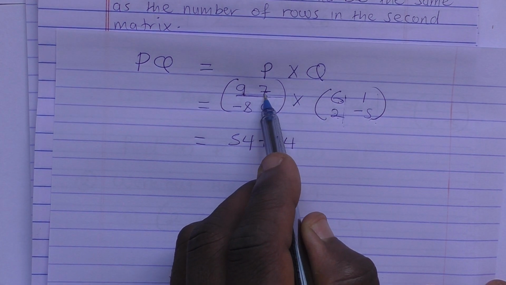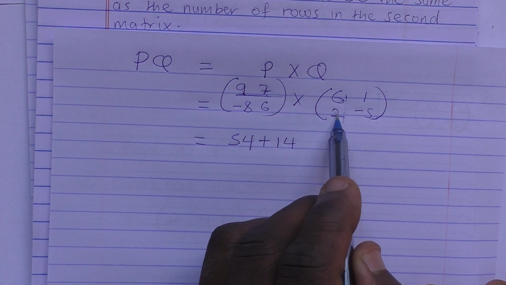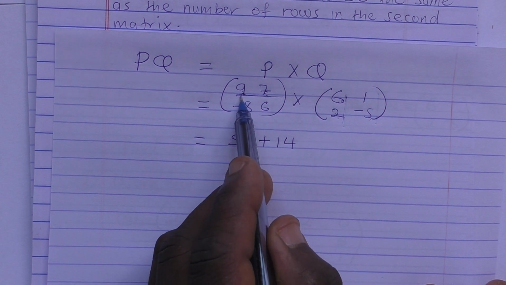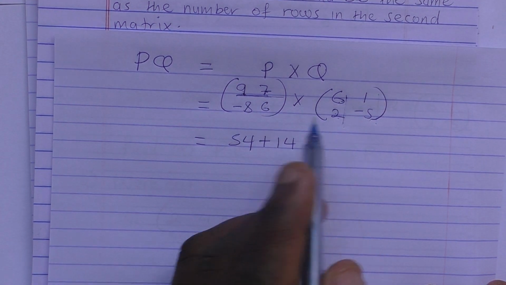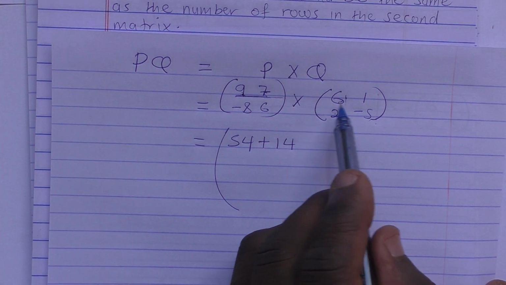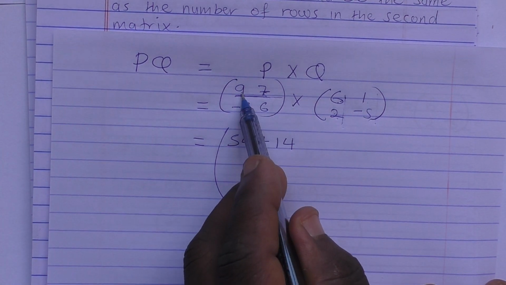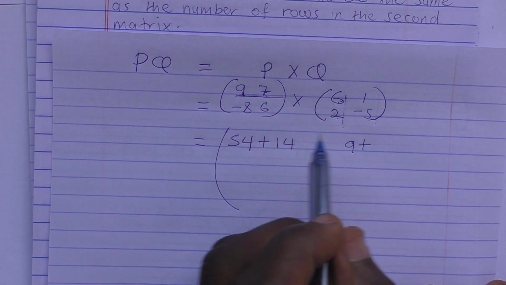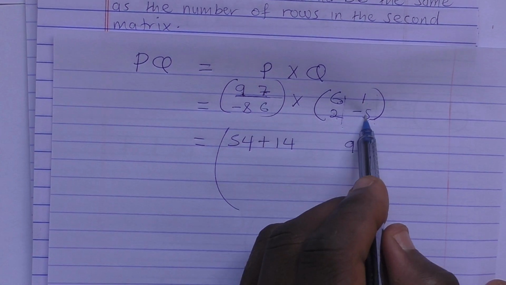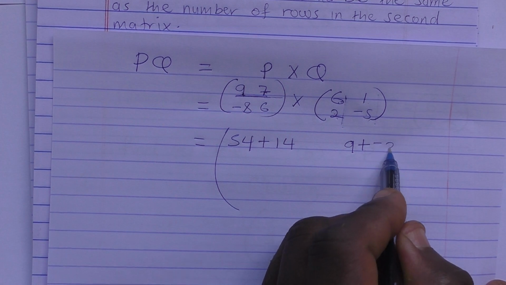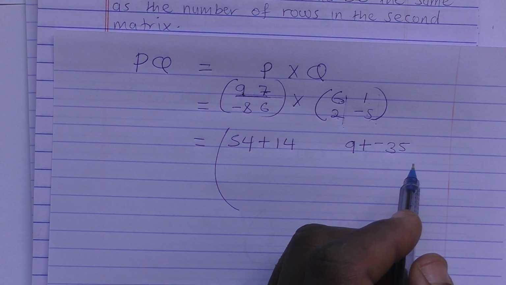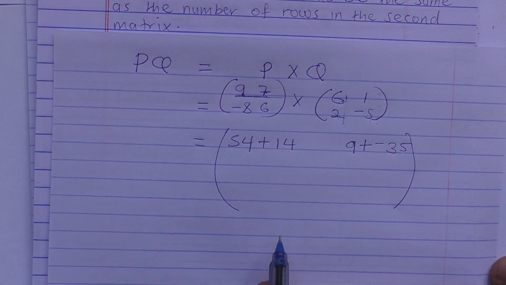Then the second number in the first row multiplies the second number in the first column. So it should be row by column. So we also come to this. This is 9 times 1, which is 9, plus 7 times negative 5, which is negative 35.